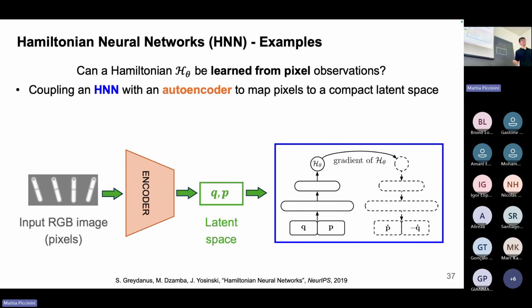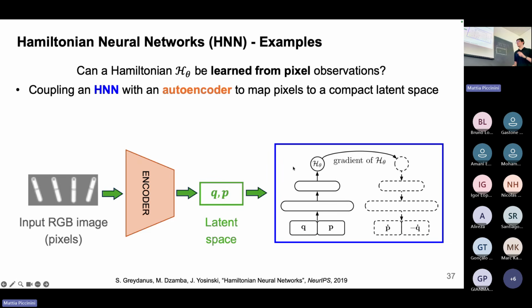Then they use an autoencoder, for example a variational autoencoder, that takes the image and compresses it into a latent space. We call it latent space because it's a compressed representation. The image can be high resolution, but that's too much information, so we compress it, ideally keeping only the information we need.